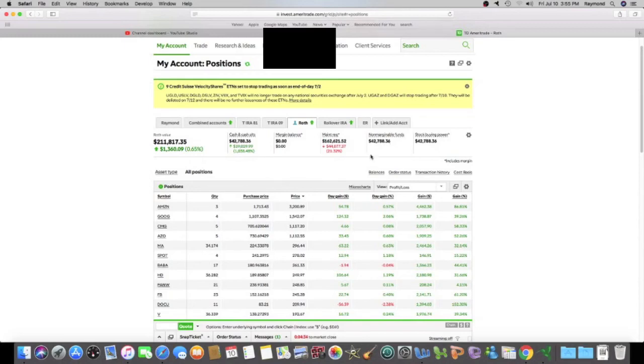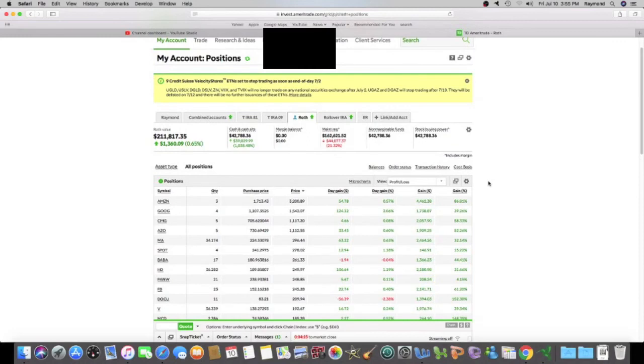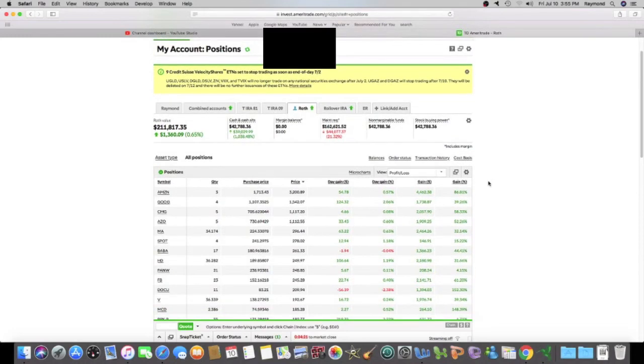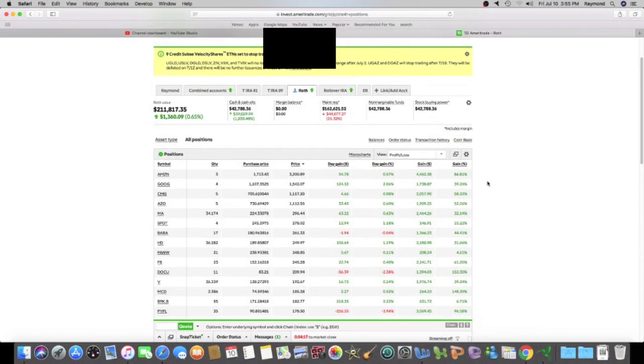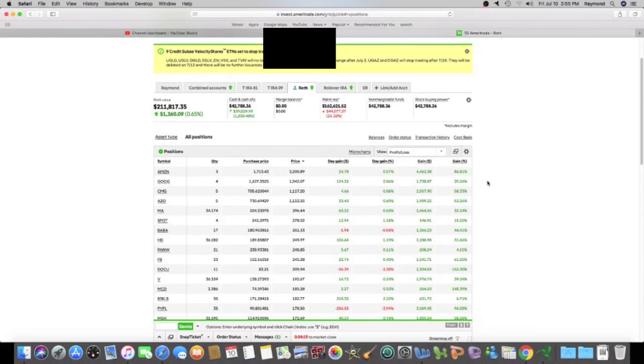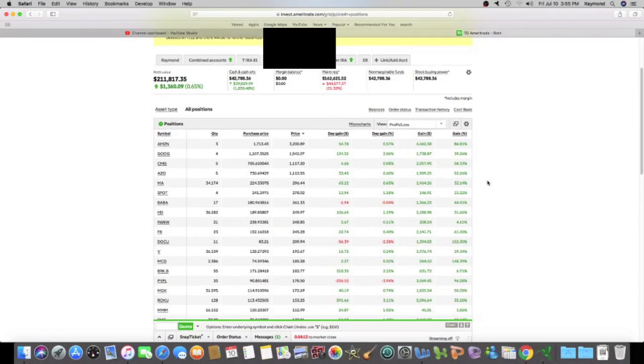So I'll be sitting on that 42,000, and I will jump back into the market whenever I feel like it. And maybe I might do it on a dip. So if the market dips, I might jump back in to find some deals. If the market doesn't dip and I just find a stock that I really like and I believe in and I believe it's going up, I'll buy that.